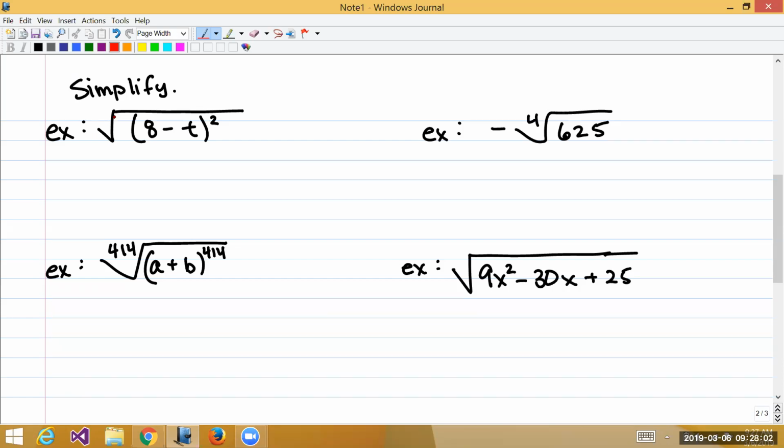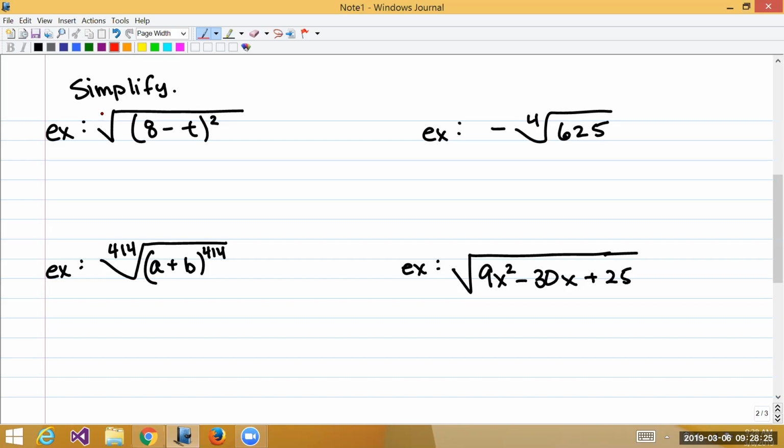But if the answer actually has an odd exponent, then the variable could very well represent a negative. So therefore, to confirm that our answer will actually be positive, we have to include absolute value bars.